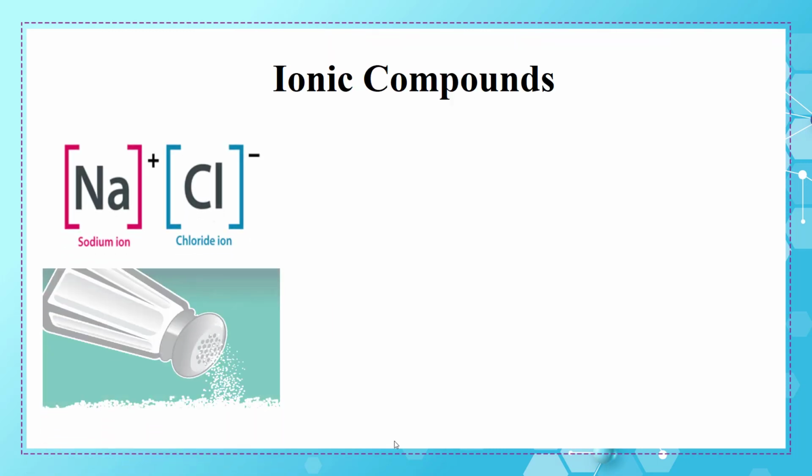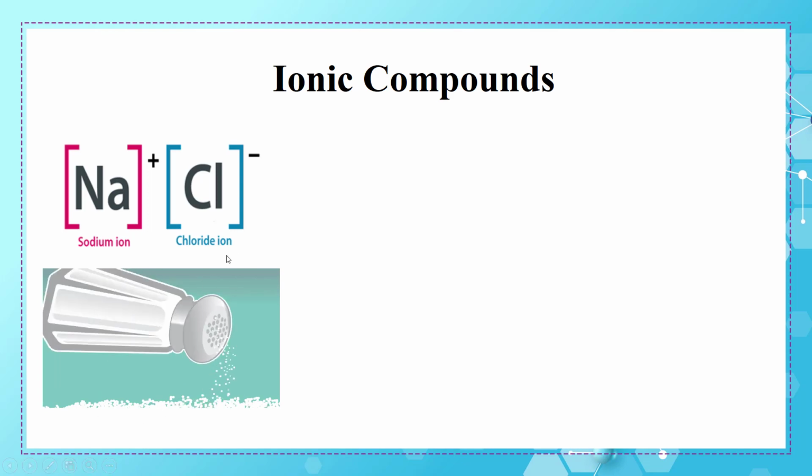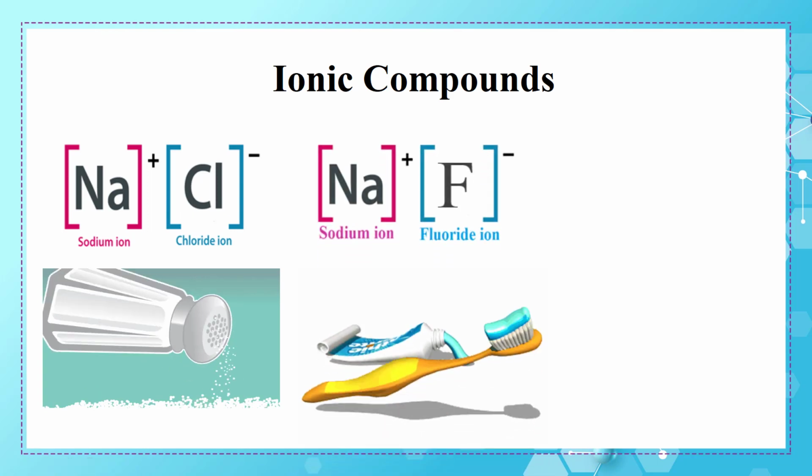As you see here, a few examples of ionic compounds. One of the most common examples used daily in our food is sodium chloride, which is the salt used to make our food salty. Na+, Cl-, sodium chloride. What else?